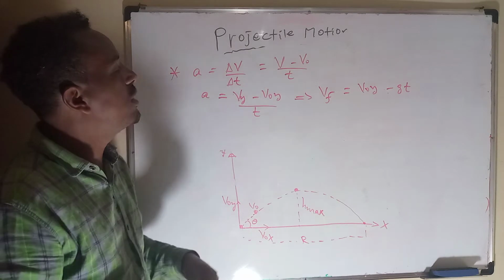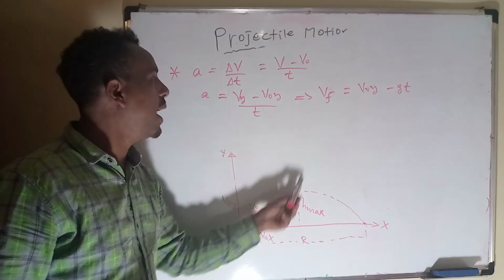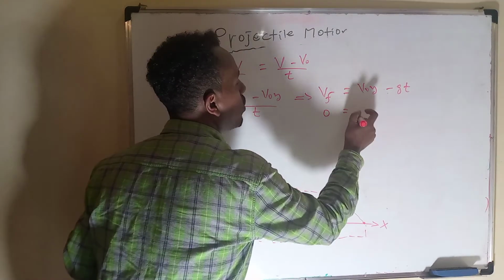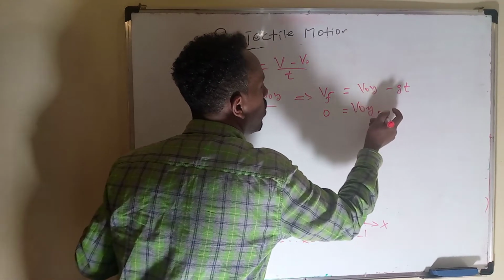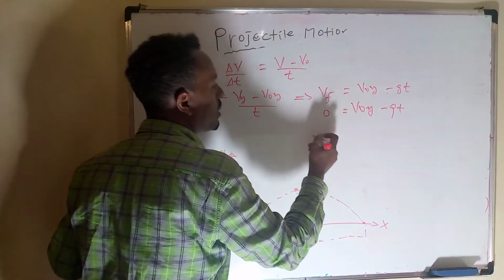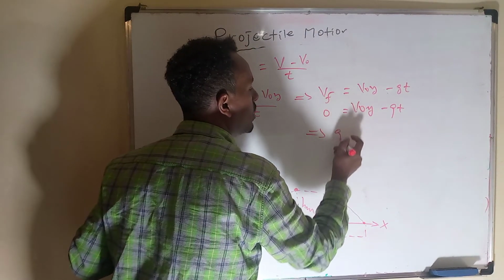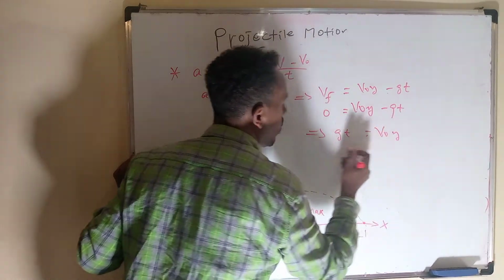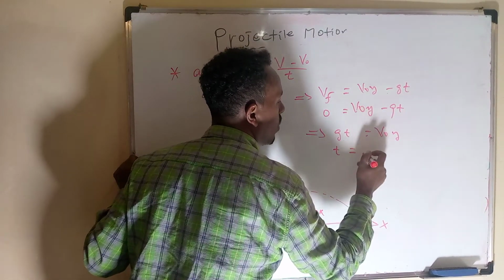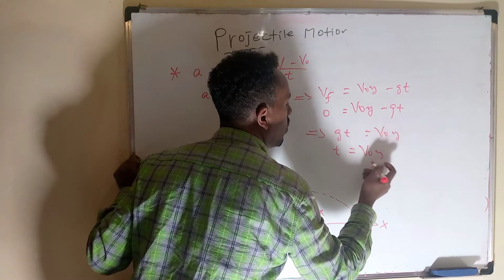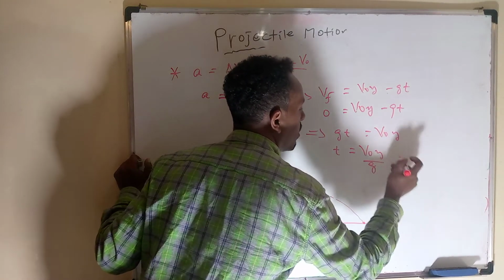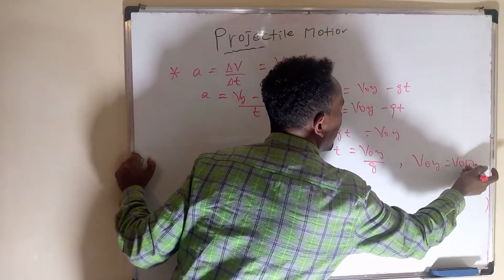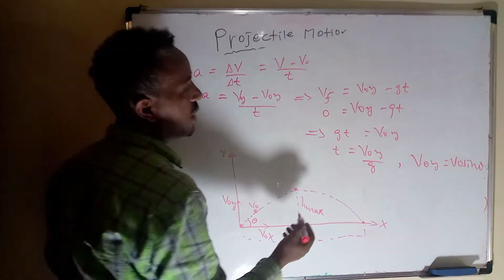ስለዚህ ፋይናል ቬሎሲቲ ያላት እዚህ ጋር at maximum height 0 ትሆናለች ማለት ነው። So 0 is equals to v initial along y minus gt, so g times time ይሄንን ወደዚህ ወሰድኩት. v initial along y, therefore time is equals to v initial along y over gravity, but v initial along y is equals to v naught times sine of theta.